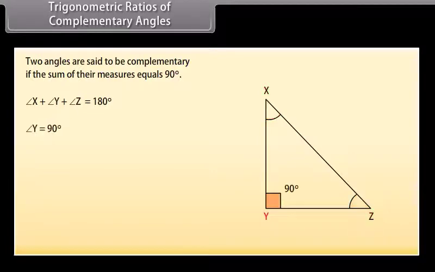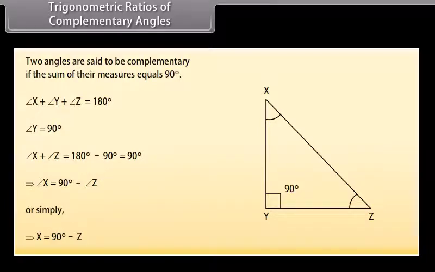Angle Y is equal to 90 degree. Angle X plus angle Z is equal to 180 degree minus 90 degree equals 90 degree, which implies angle X is equal to 90 degree minus angle Z. Or simply, X is equal to 90 degree minus Z.